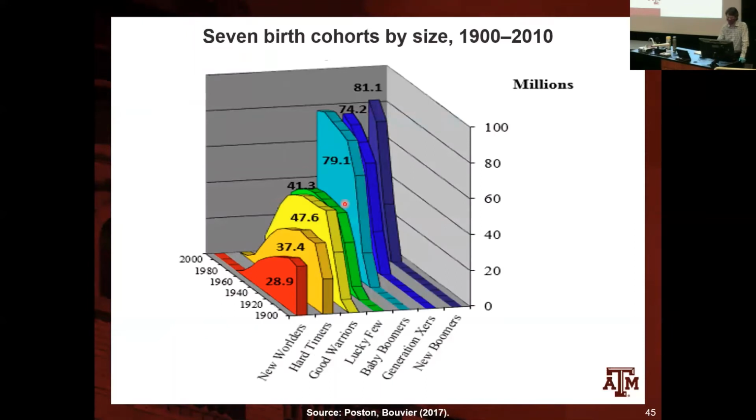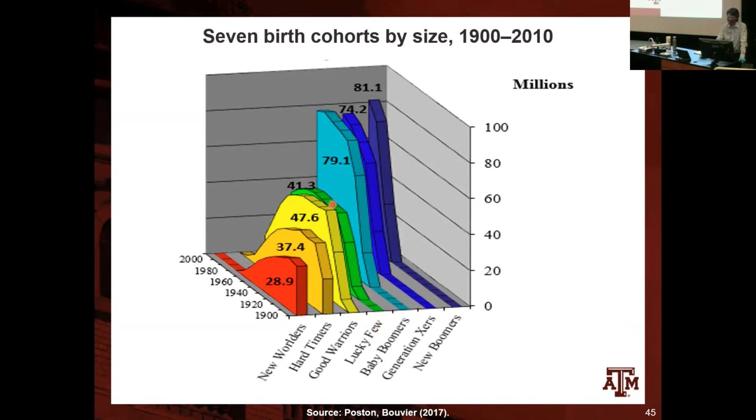And this is just to give an idea of the overall size of the 7 birth cohorts between 1900 and 2010. The New Worlders added up to 28.9 million, the hard timers 37 million, and then we reached the lucky few, which were around 41 million.